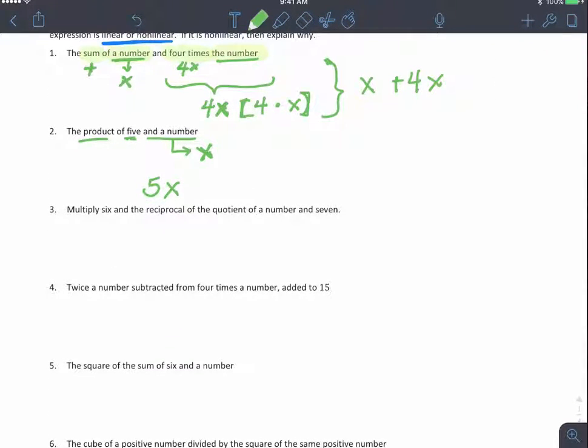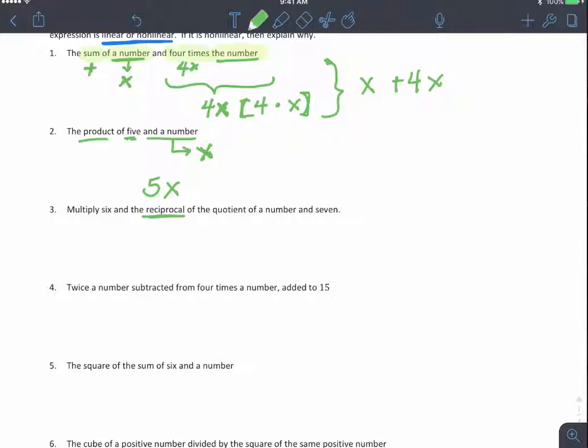And we have multiply 6 and the reciprocal of the quotient of a number and 7. So remember that reciprocal means a number that is going to be flipped into a fraction over 1.